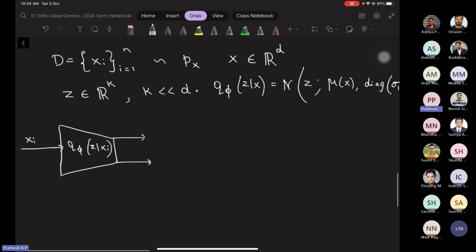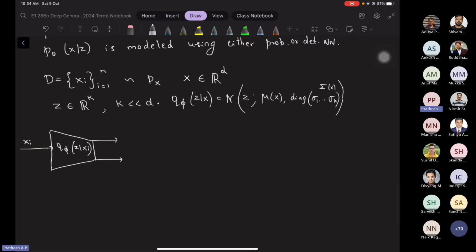Now what will happen in a VAE is that this will get mu of xi as the output, and sigma of xi as the output. Note that both mu x and sigma x lie in k-dimensional spaces, because I've assumed sigma x to be a diagonal matrix.